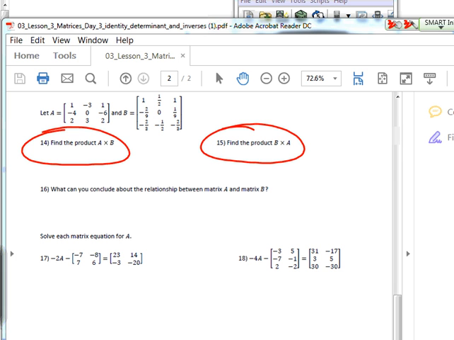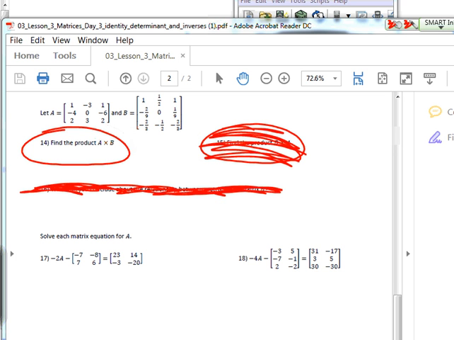Okay, so then that's the whole point of the problem. And since A times B and B times A are going to be different, because remember we did that, why don't we just have you do one of the two? So skip number 15 and know then that the answer for 16 would have been they come out different.